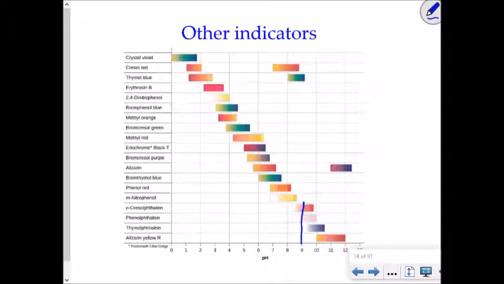Bromothymol blue here, showing you the pH change of the green at the 7 mark. Phenol red is yellow over here in acidic, and red. Okay, so lots of different indicators that you can choose from, but you want to pick the one where its change is occurring at the equivalence point, and you would have an idea of where your equivalence point is going to be based on what you're titrating.